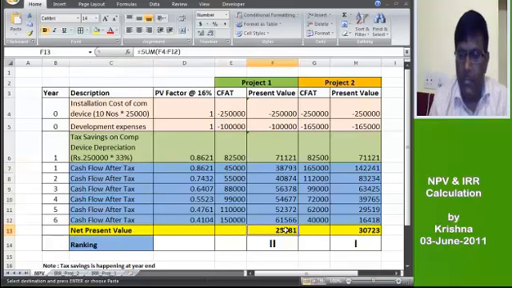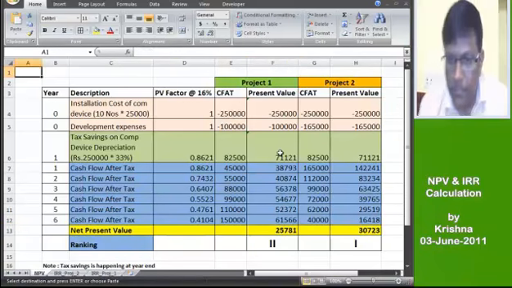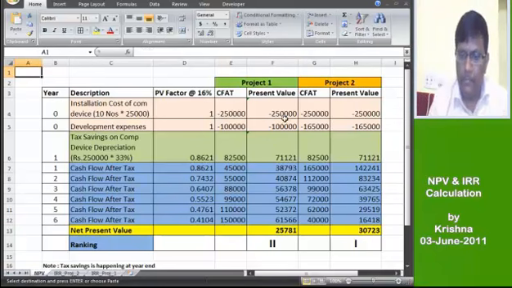Now the net present value of project 1 is 25,781. This we have calculated by totaling the net present value. How we have found out?